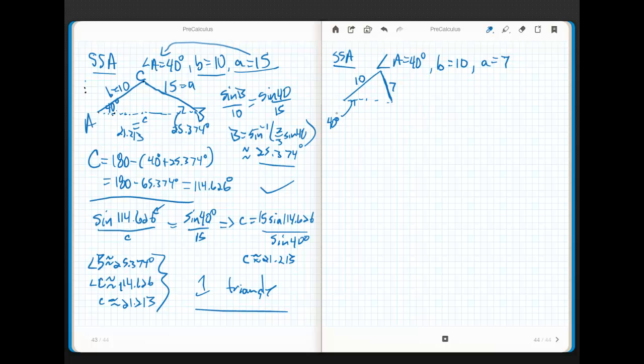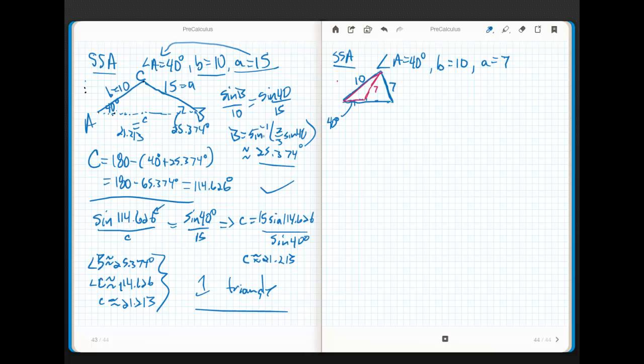Now here's the problem. Do you see that this was sort of arbitrarily chosen? I could have just as easily taken this 7, and rather than putting it here, I could have put it here. And then I'd have that triangle as opposed to this triangle.